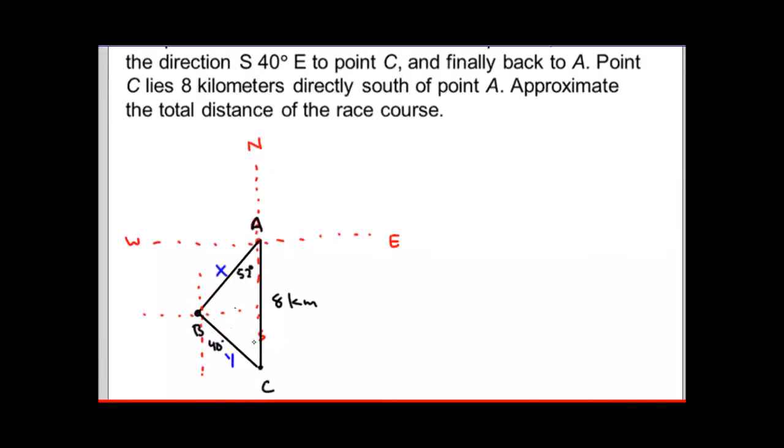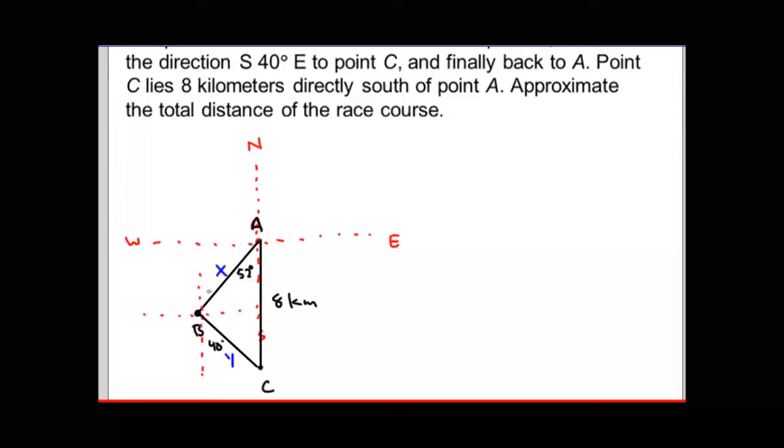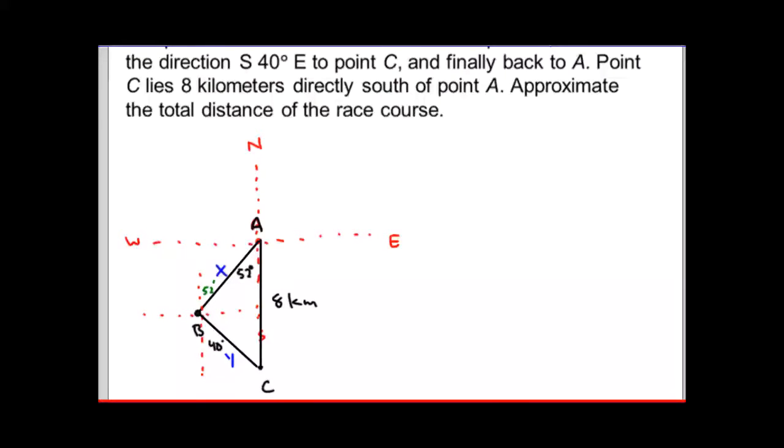Okay, so now we've got this. So let's see here. I've got this triangle. There's a couple things we can do here. If this is 52, and then from my geometry days, I know this right here should also be 52 degrees, right? Because the east-west lines are parallel.